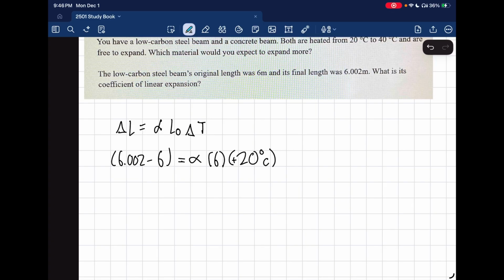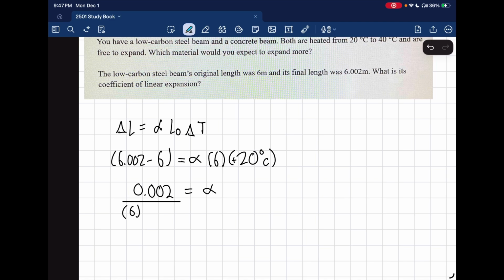So we're going to bring in our calculator. On the left side of the equation, we're going to have 0.002 equals alpha. We can bring those two over to the left side.